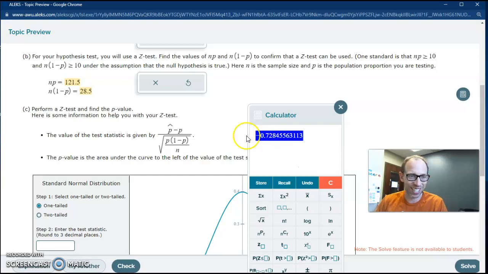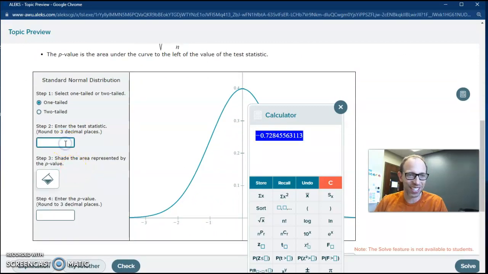It's a pretty big calculation. The test statistic to 3 decimal points is negative 0.728. Okay, so you can see where we are.